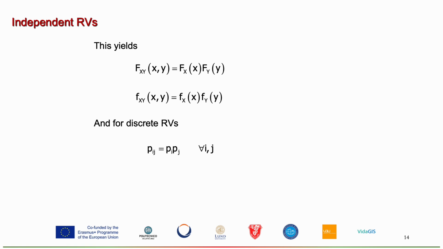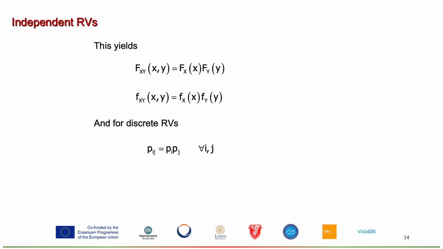The joint cumulative distribution of x and y is the product of the marginal cumulative distribution of x multiplied by the marginal cumulative distribution of y. The joint density of x and y is equal to the product of the marginal density for x multiplied by the marginal density for y.